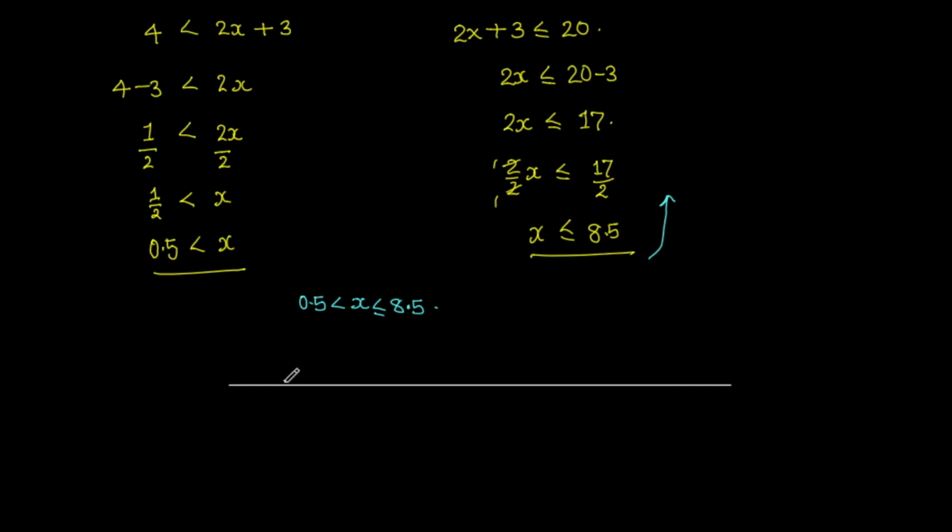So here we're starting from 1. Or I think preferably let's start from 0, because 0.5 is between 0 and 1, and we go all along up to 9.